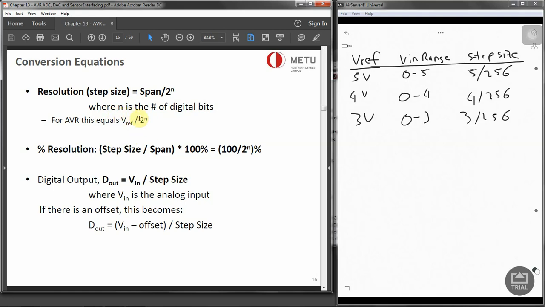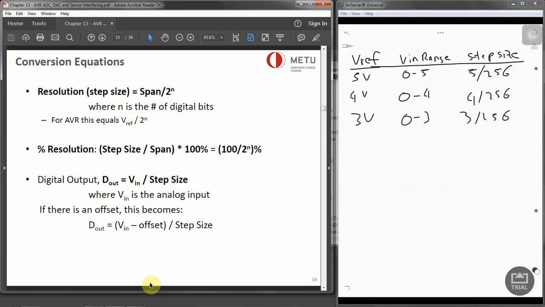In this case, we just consider Vref itself. The percent resolution is just the percentage of the resolution that we have found, and the digital output is what we are actually finding out. So when we have the voltage in and the step size, we can easily find the D out. We might also have the offset. If we want to consider the offset, we just need to subtract the offset from the input voltage, and then we can find D out.